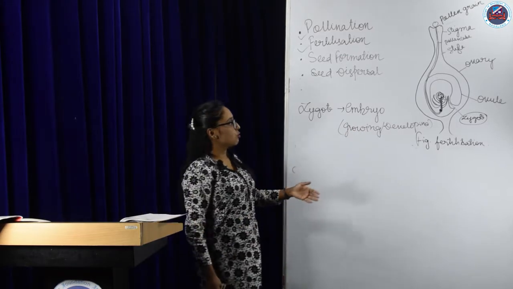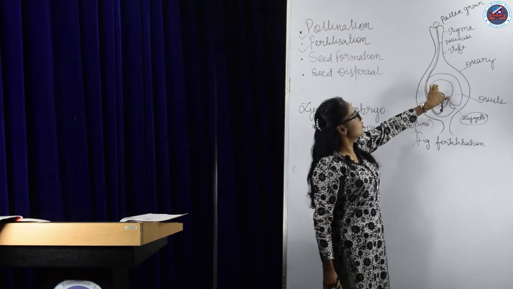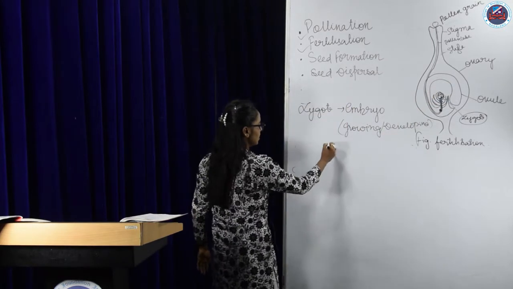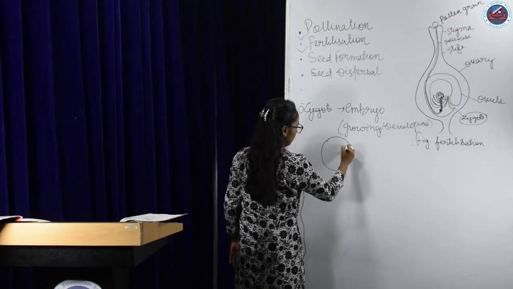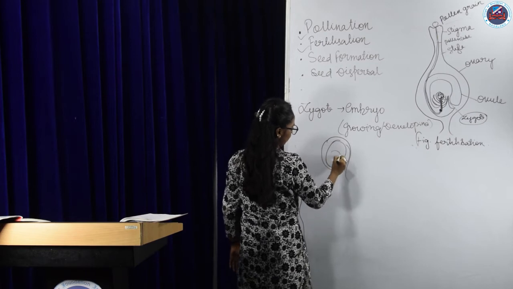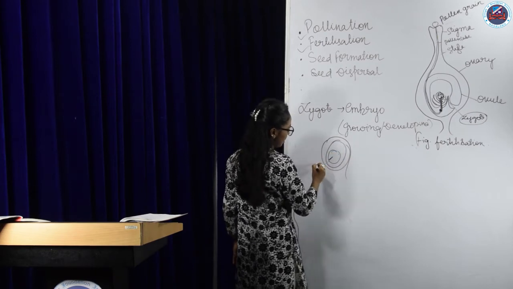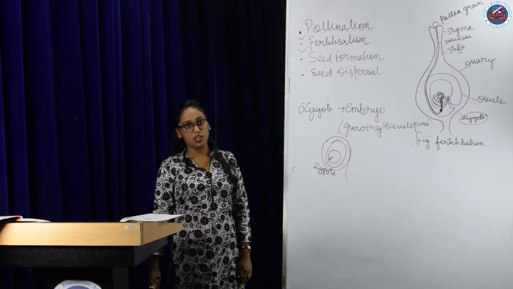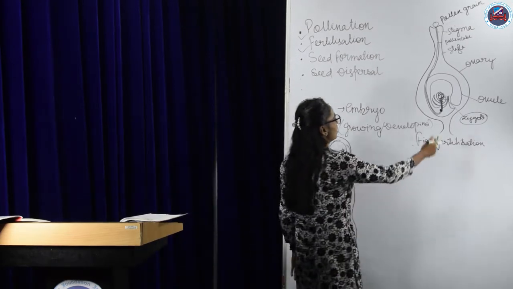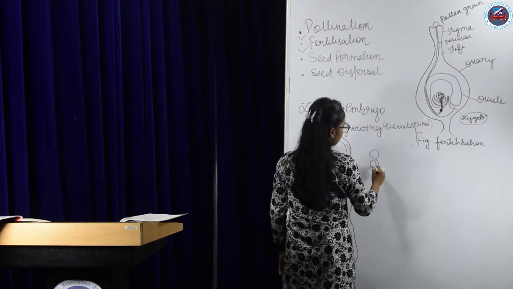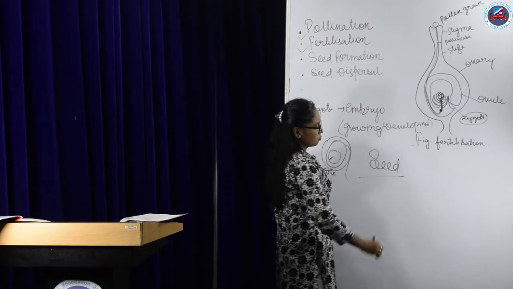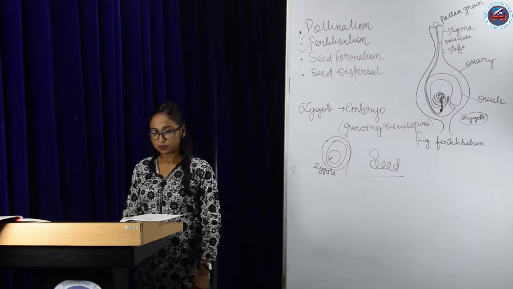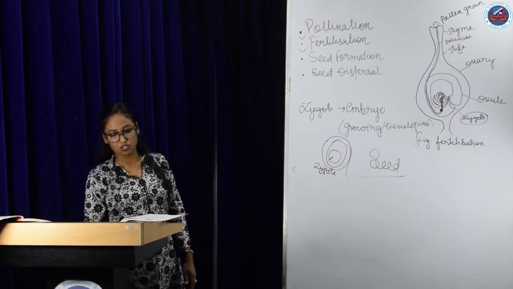And what happens to this ovule then? Inside this the fertilization occurs, and this is the zygote. The ovule also changes, and it forms the seed. It gradually grows into a seed.